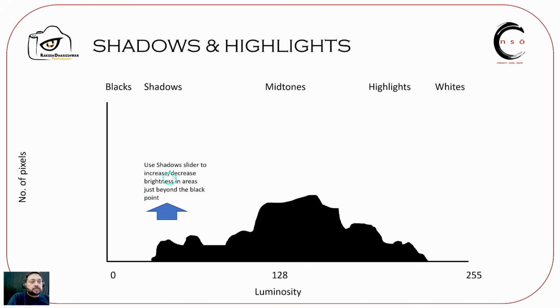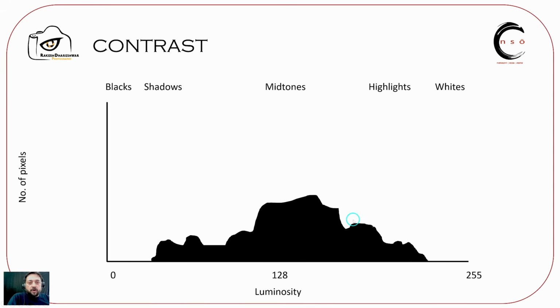Then we use the shadow slider to increase or decrease the brightness in this area, which is just beyond this black, right? We use this space to increase or decrease the brightness, or we use the highlight slider to increase or decrease the brightness in the areas that are just within the white point. The other thing is contrast.